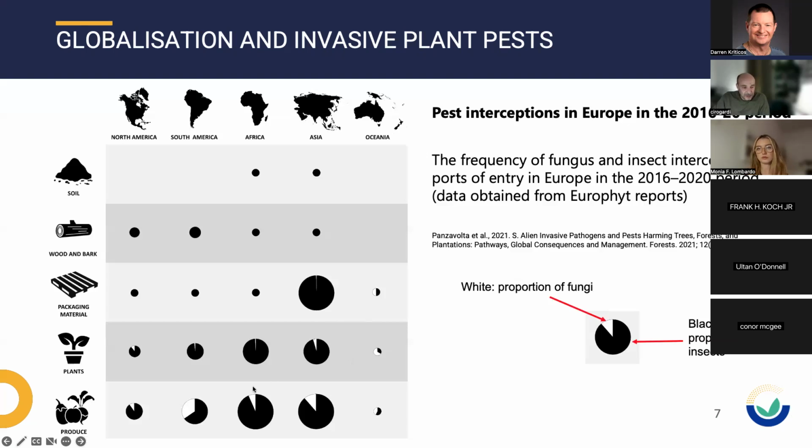And then the commodities that represent the main pathway are plants for planting, wood packaging material, and fruit and vegetables, essentially. So this is an analysis conducted in the period 2016-2020.